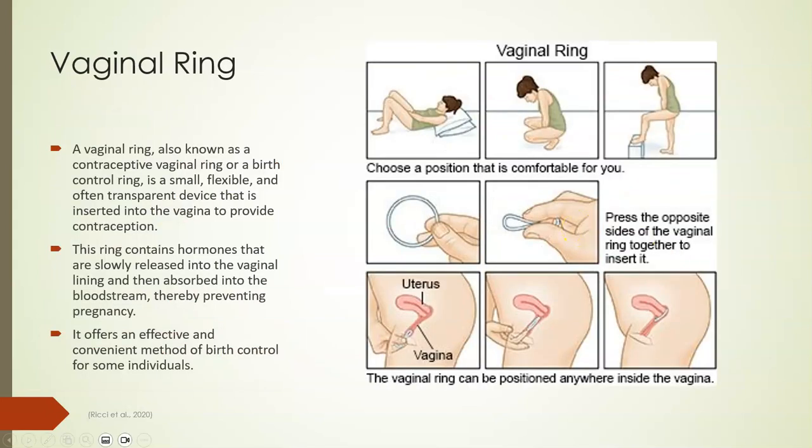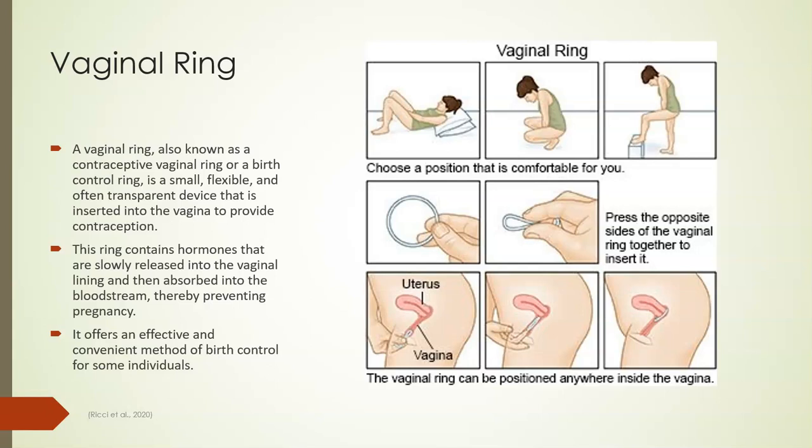The next terminology is vaginal ring. A vaginal ring, also known as a contraceptive vaginal ring or a birth control ring, is a small, flexible, and often transparent device that is inserted into the vagina to provide contraception. And again, this does not protect against STIs or STDs.